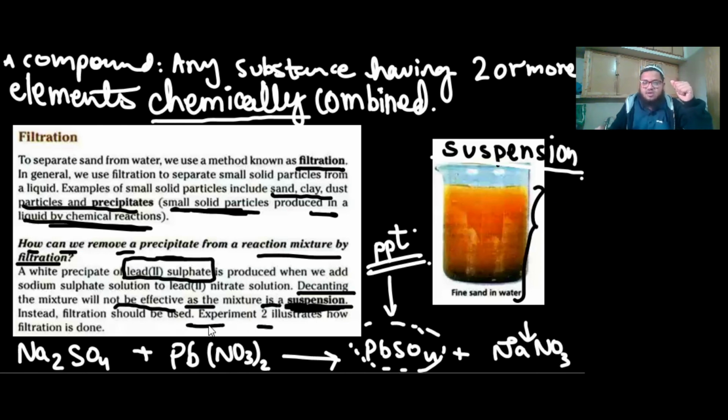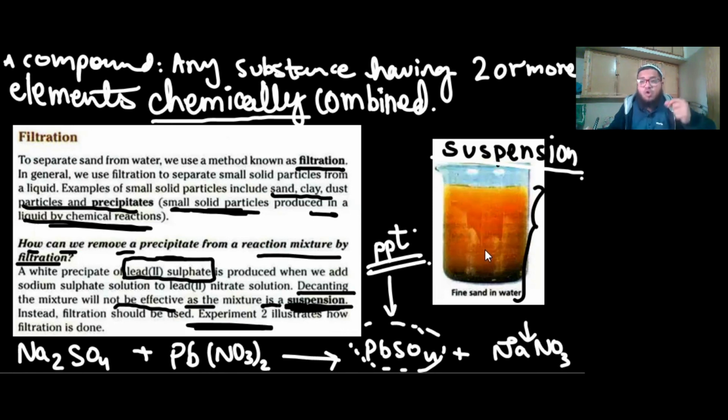Experiment 2, which we are going to look at in a bit, will illustrate how filtration is done. Similarly, like the lead sulfate mixture, this suspension that we have over here is also going to be separated using the filtration technique, because the solid in here, which is sand, is present throughout the liquid and is not localized.